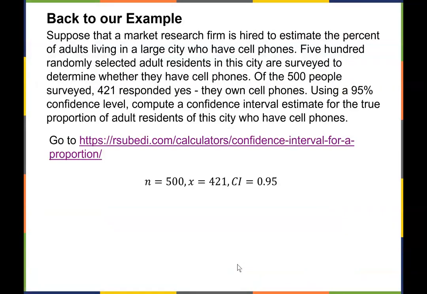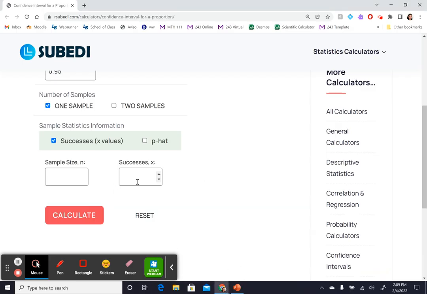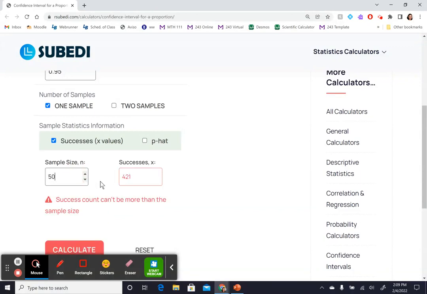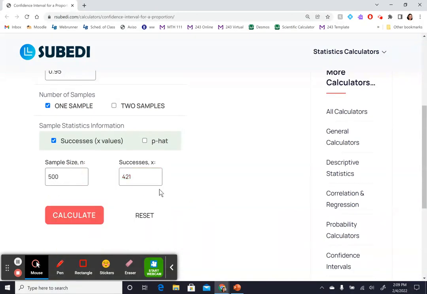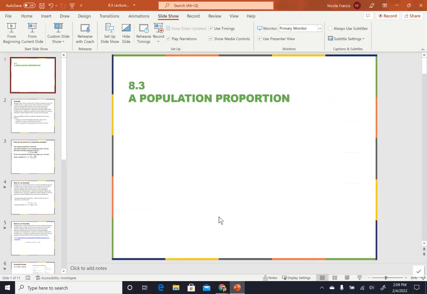I already forgot. 421. 421 out of 500. And hit calculate. And there is your confidence level and your p hat value, which we already computed to be 0.842 as well. So going back to that, I lost my spot. Hang on.